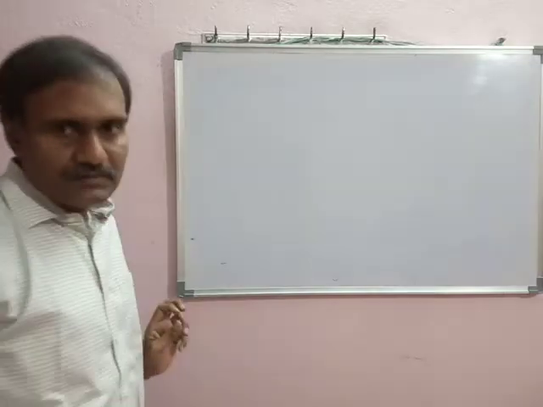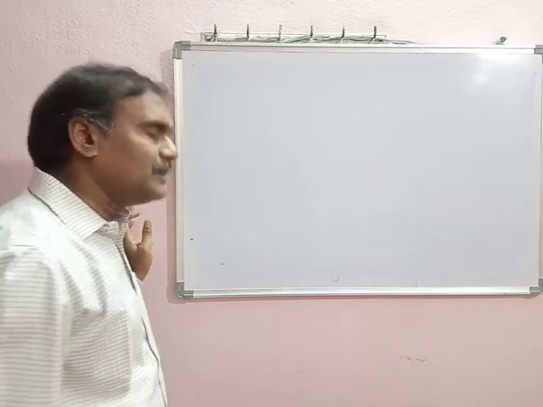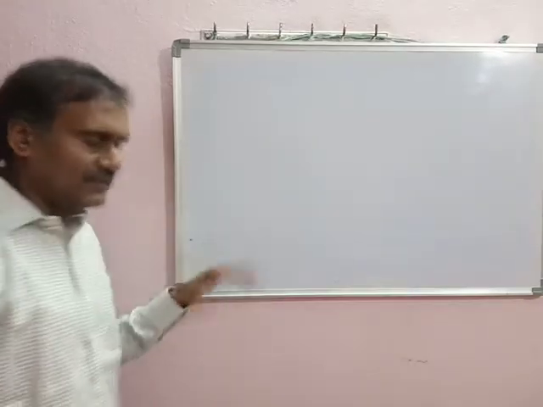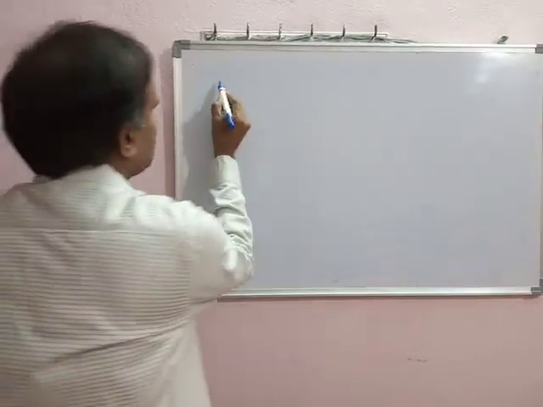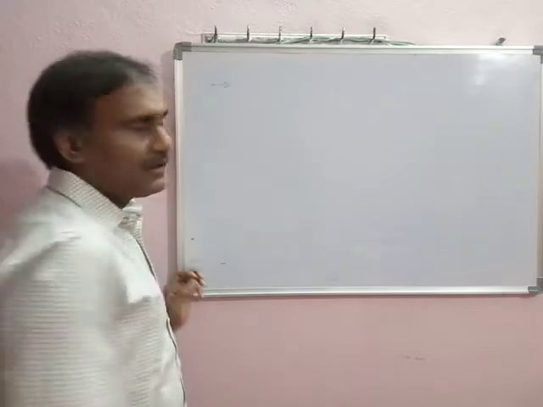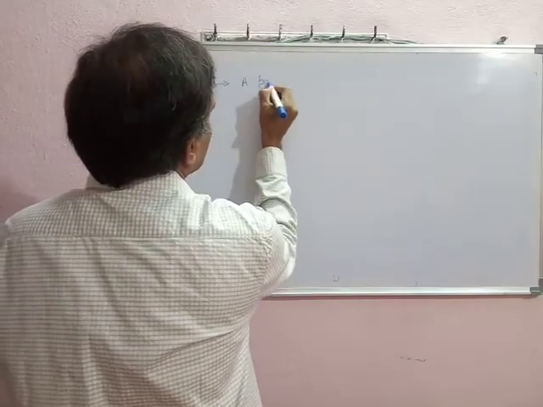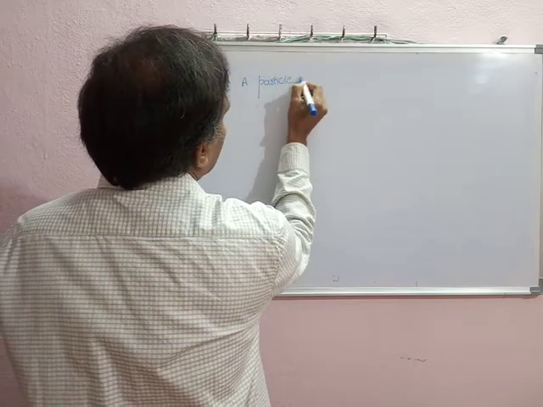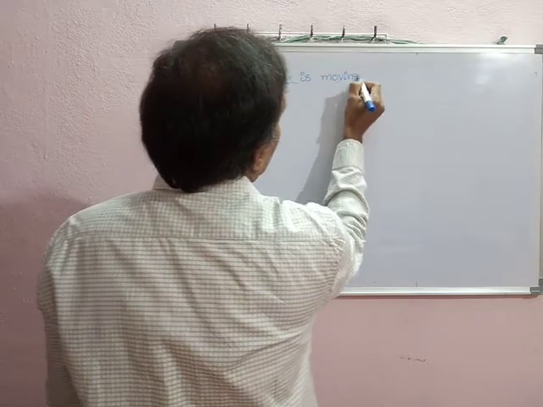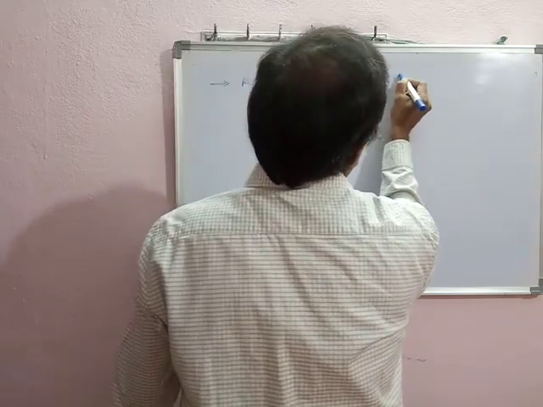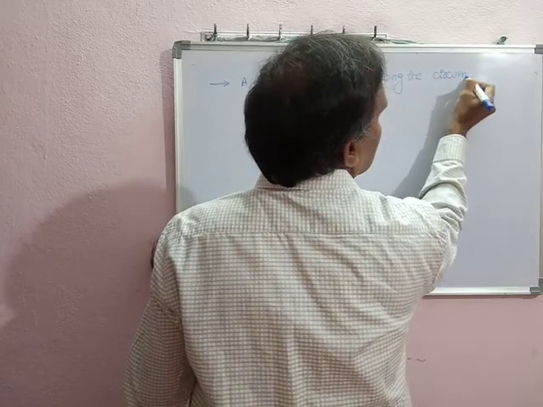Now, another example for path length and displacement. Another important example: let us consider a particle. A particle is moving along the circumference of a circle.